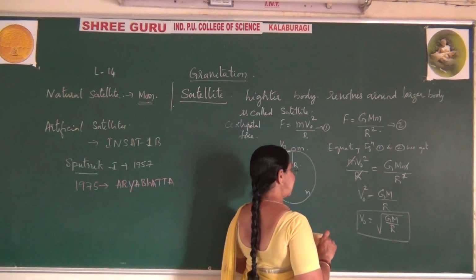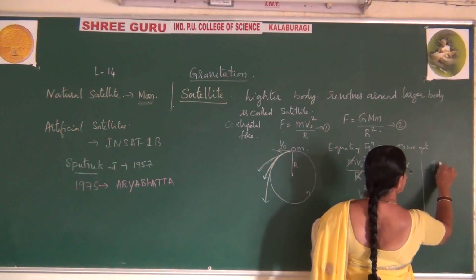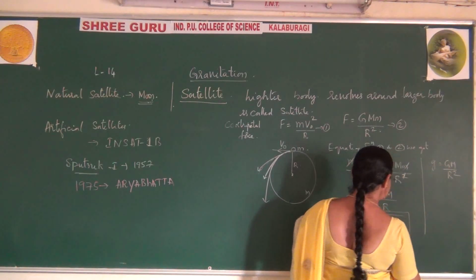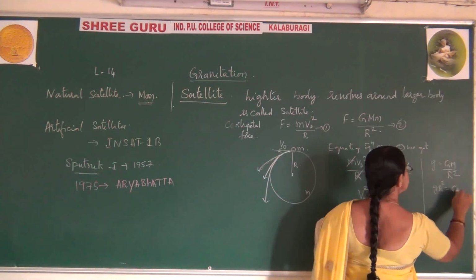You also know the condition where small g is equal to GM by r square. For your convenience, I write g r square is equal to GM.